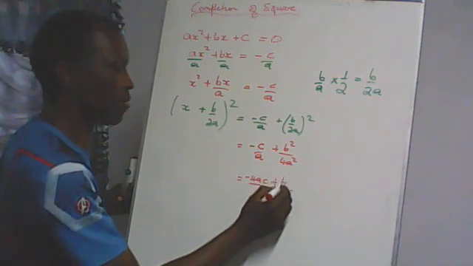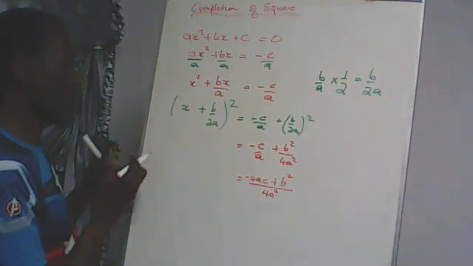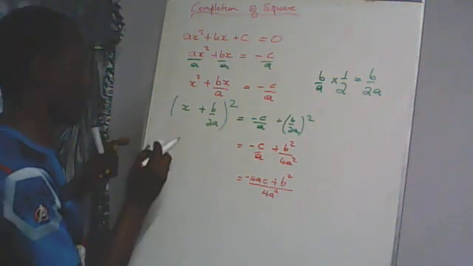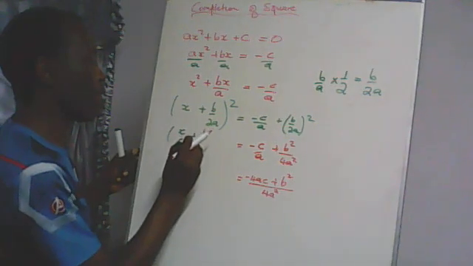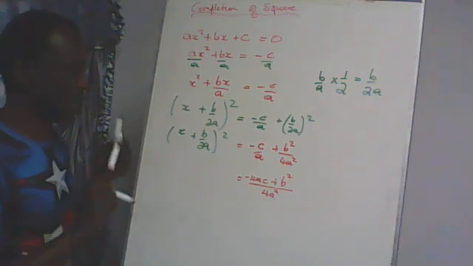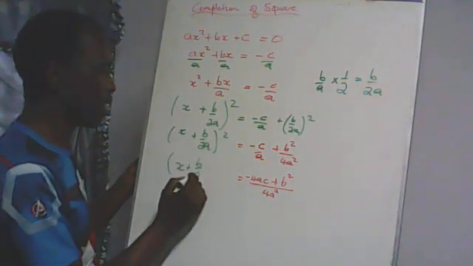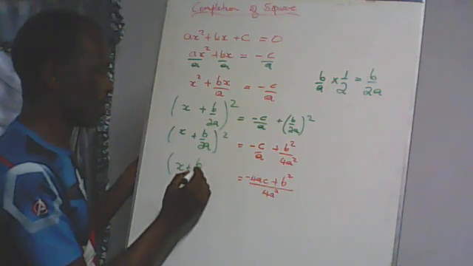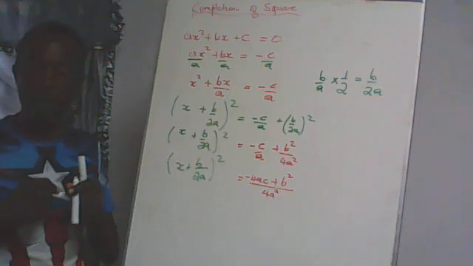Then plus b squared. And then on this side you have x plus b over 2a all squared. The same applies here. x plus b over 2a all squared. Now the aim is to find the value of x.